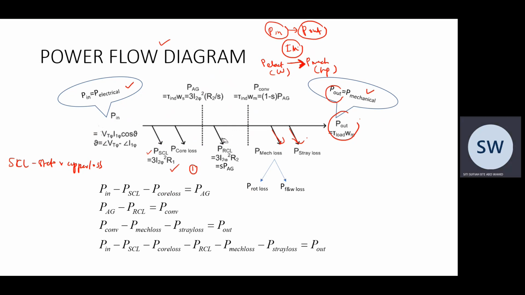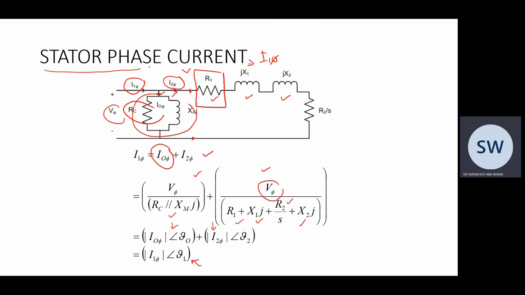The third loss is the PRCL. RCL stands for rotor copper loss. Losses on the rotor resistance, that is R2, not R2 over S, just R2. Although we have it in the circuit combined with S to become air gap resistance, the question may ask you for rotor copper loss.